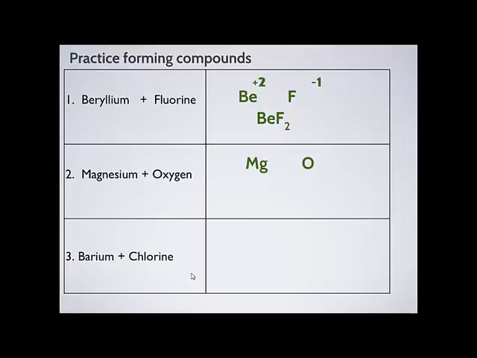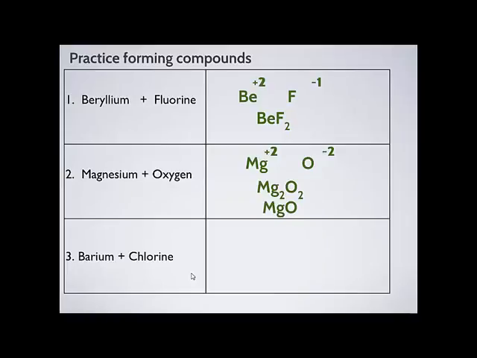What is its oxidation number, Julia? +2. And oxygen? -2. So what's the formula when these form a compound? Mg2O2, which we can then simplify to MgO.